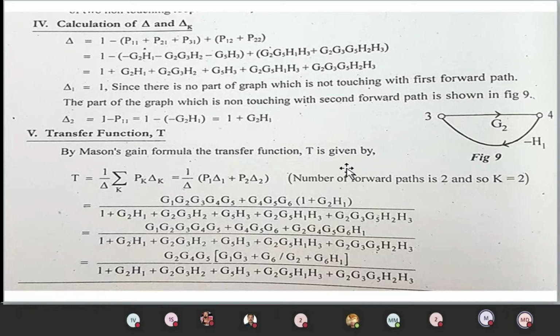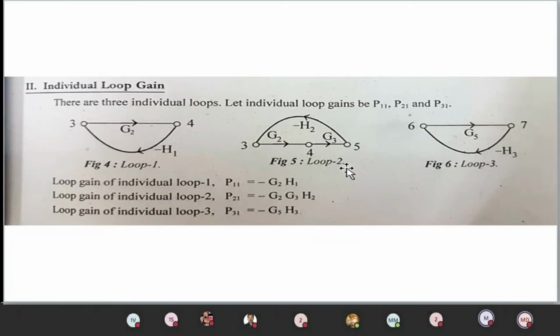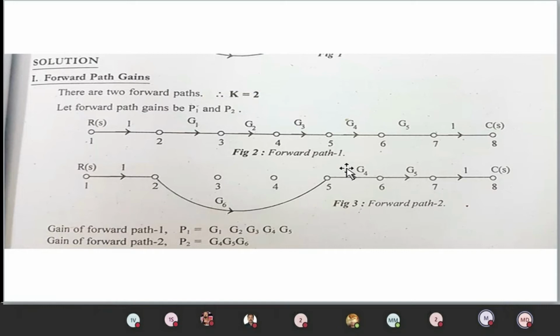Now by Mason's gain formula, the transfer function is given by 1 by del, summation of P k del k, where k is equal to 2. So P1 del 1 plus P2 del 2. Right? What is P1 del 1? P1 is G1, G2, G3, G4, G5.